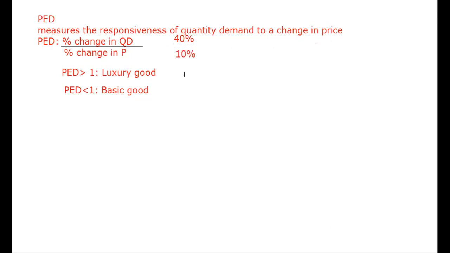If we divide 40% by 10%, our answer is 4, and 4 is greater than 1. So that is a luxury good.